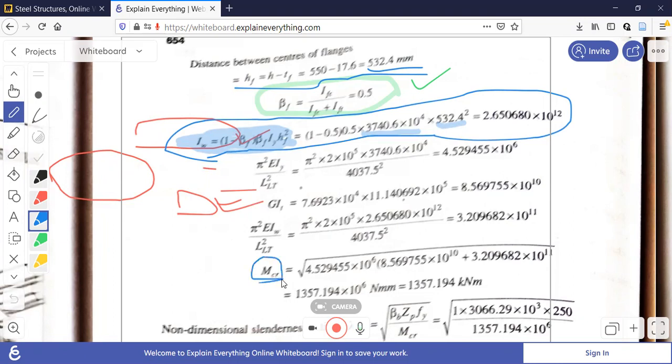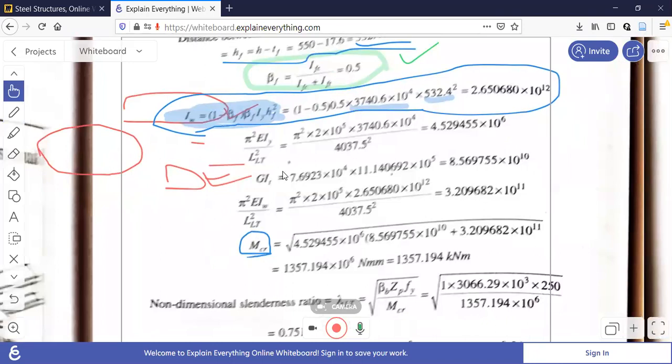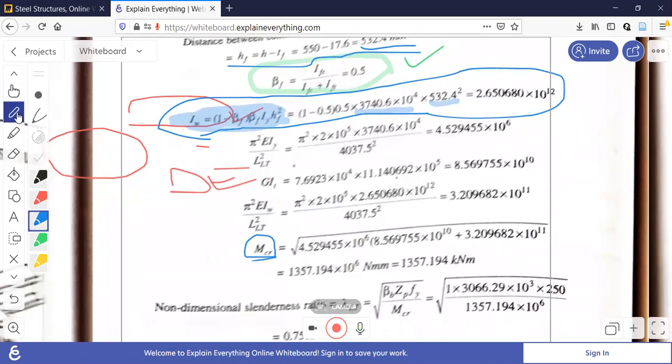See this. I have not reached there. So pi square EI by LT square, see this formula here. After calculating IW, you calculate pi square EI by LT square, then the torsional rigidity, then pi square E. See this one, both these two formulas are not the same.